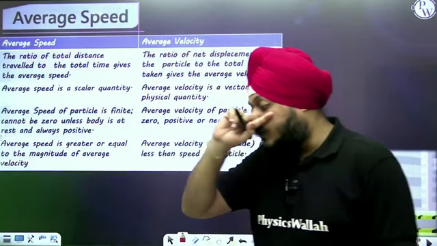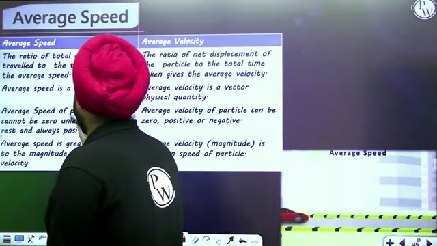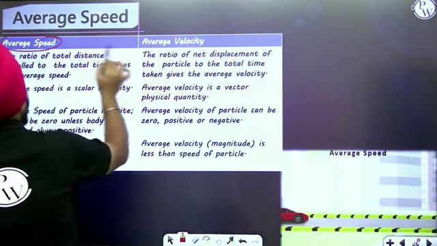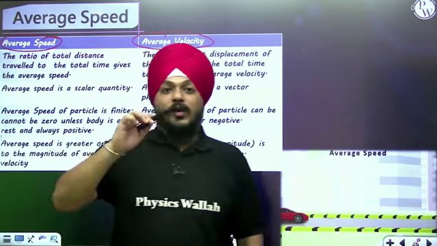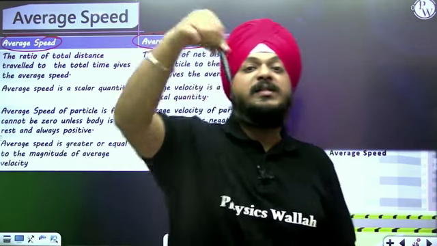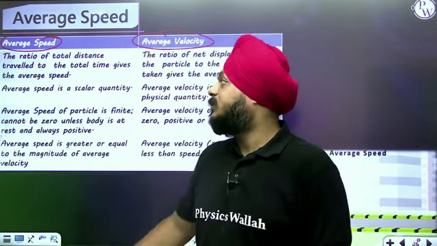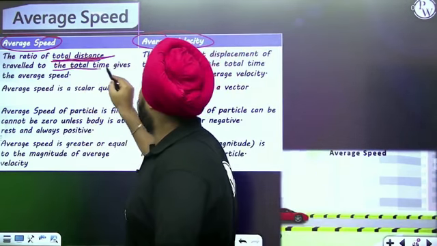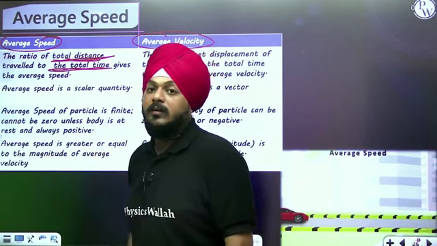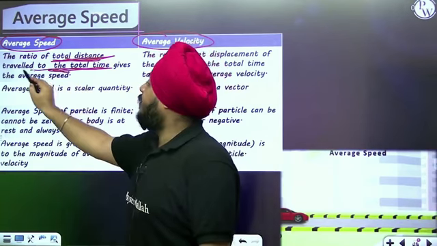Now, what is average speed? The difference between average speed and average velocity. Total distance in a specific time interval is defined as the average speed.